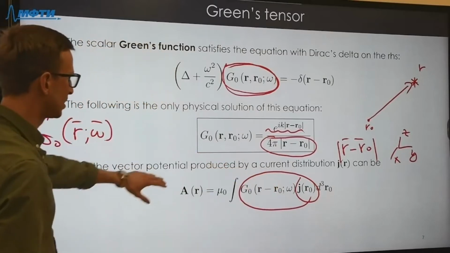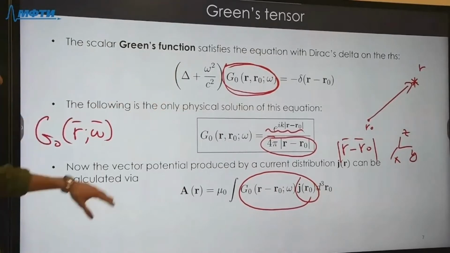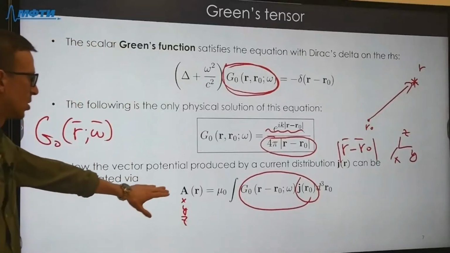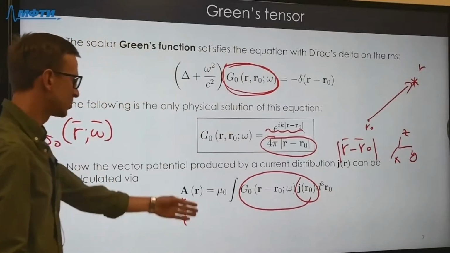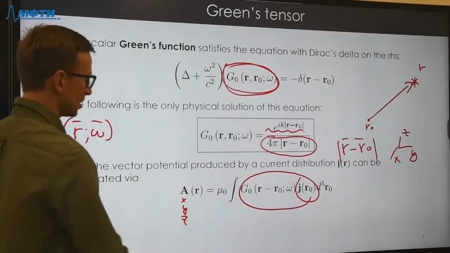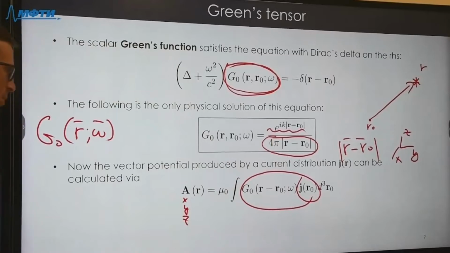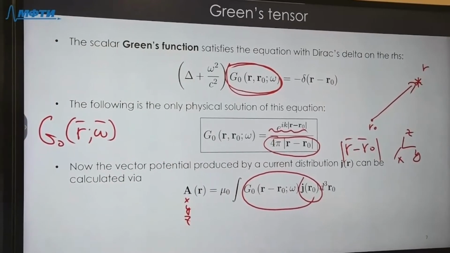And remember, because the equations for different Cartesian components of A, for AX, AY, and AZ, decouple, and because AX only depends on JX, we can write this in the vectorial form. So this, in principle, is the answer. This gives us the vector potential of an arbitrary current density. We know G naught, we know J. J is fixed by the problem, and in principle, nothing stops us from calculating this integral.